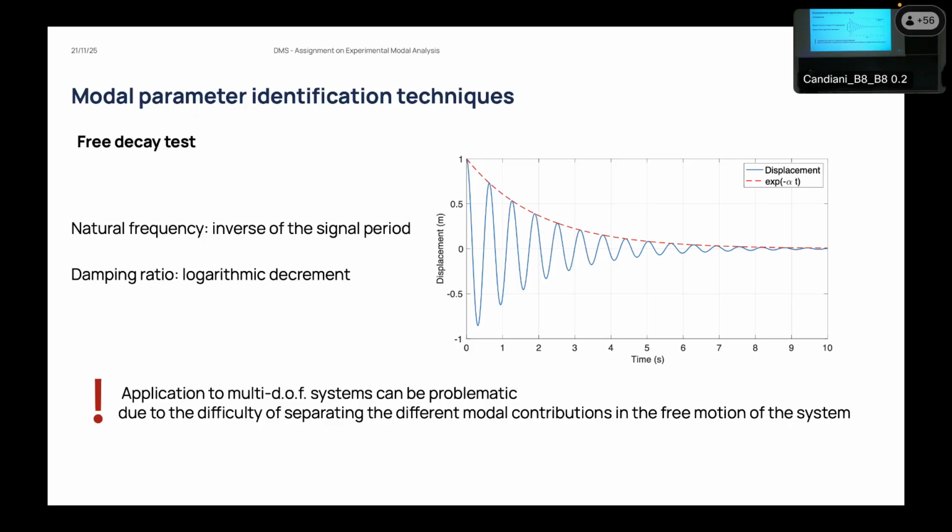The idea is that if we are close to one of the natural frequencies of the structure, instead of considering the infinite modes, we are going to consider just the resonant mode. That's the reason why we can rely on the so-called modal identification techniques for single degree of freedom systems.